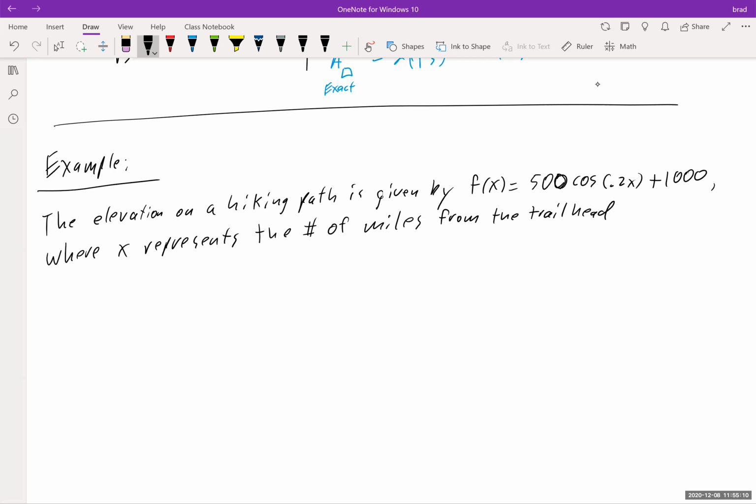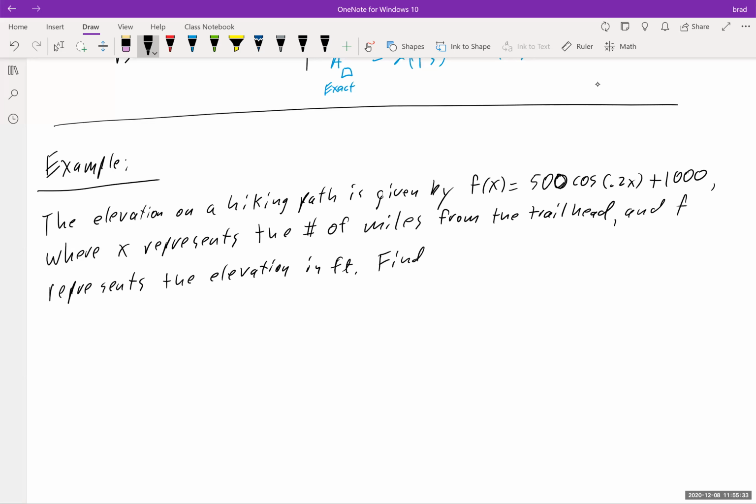Okay. And f represents the elevation in feet. Okay.